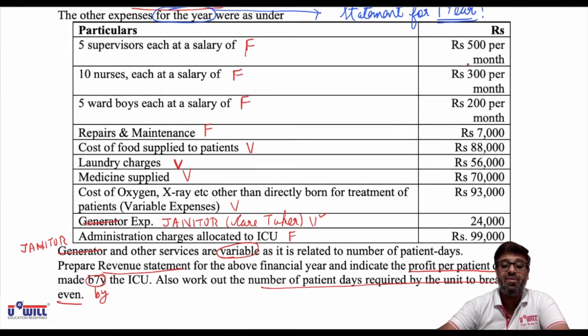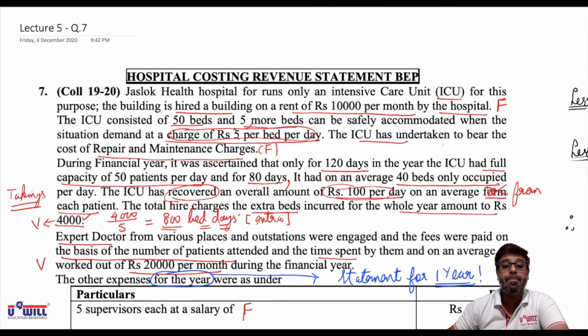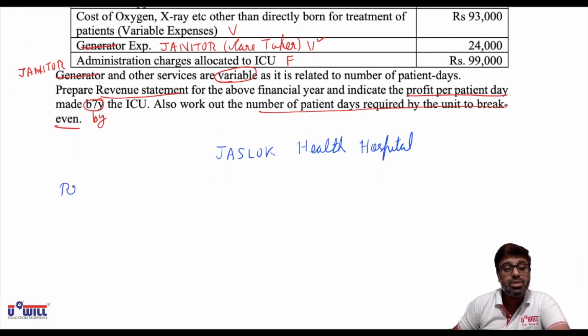Now all of you make the format as it will go. First give the heading. What is the name of the hospital? Jaslok Health Hospital. So give the heading Jaslok Health Hospital, and the heading would be revenue statement of 1 year.